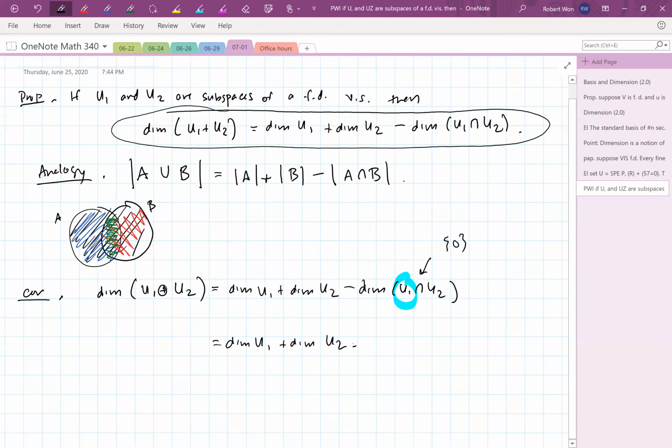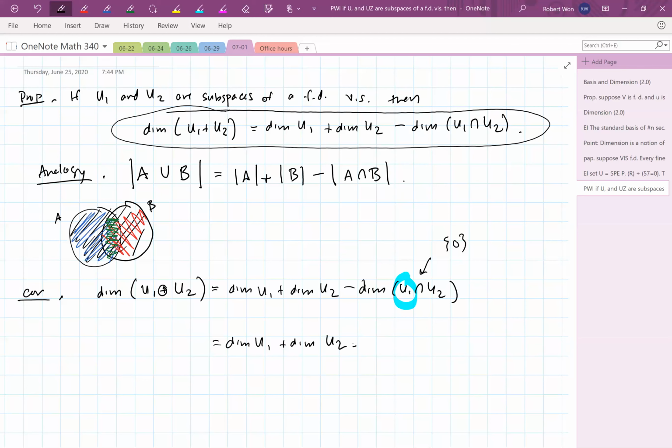Right, so a direct sum is like they intersect in as small an area as possible. There's no overlap, except every subspace intersects in the 0 vector. So somehow that's the meaning of a direct sum. It means that you can write every vector as something in U1 and something in U2, and there's no ambiguity because they don't intersect anywhere. In other words, you can write it uniquely as something in U1 plus something in U2, which is another characterization of the direct sum.